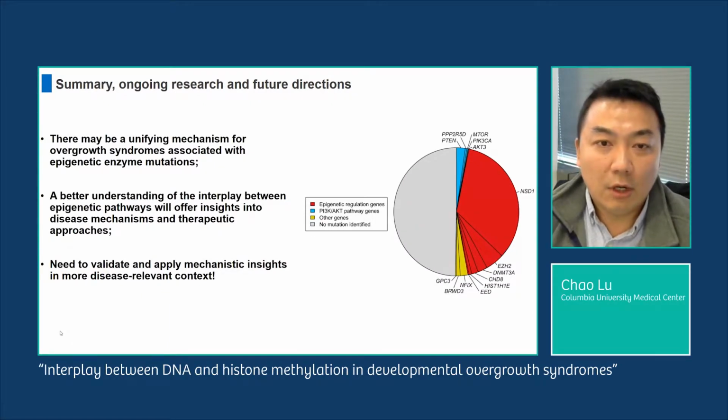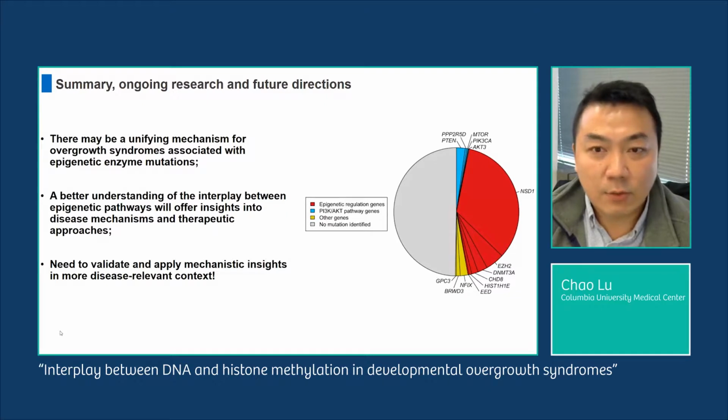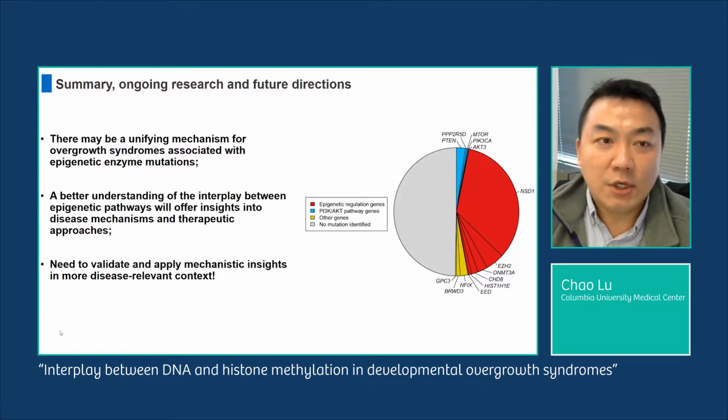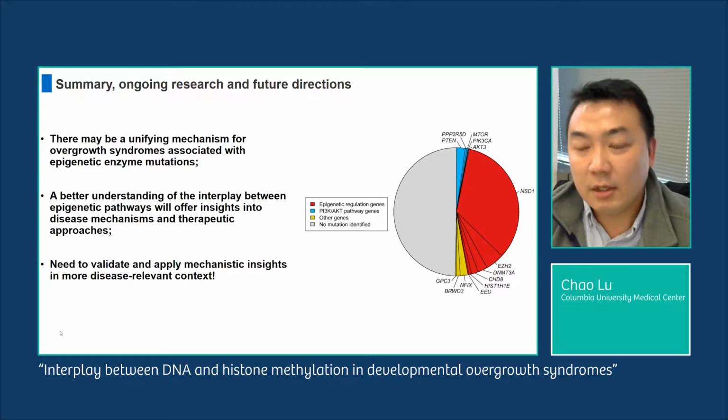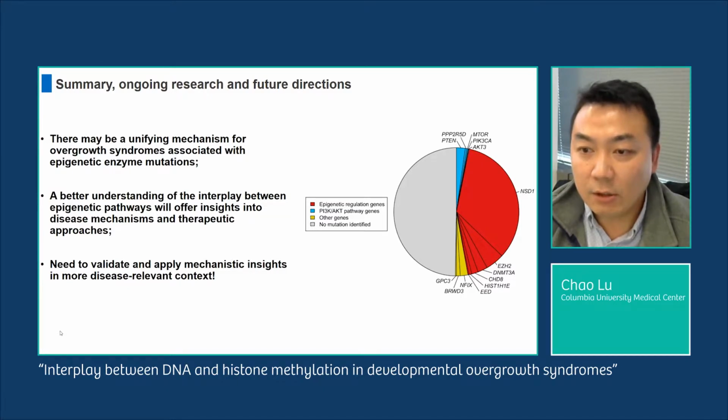I think overall, both our published study as well as our ongoing study suggest that there may be a unifying mechanism for the overgrowth syndromes that are associated with epigenetic enzyme mutations. So I talked about NSD1 and DNMT3A, and it's worth noting again from this graph from Dr. Tatton-Brown's paper, there are other histone-modifying enzymes that are mutated in various forms of overgrowth syndrome, including members of PRC2.